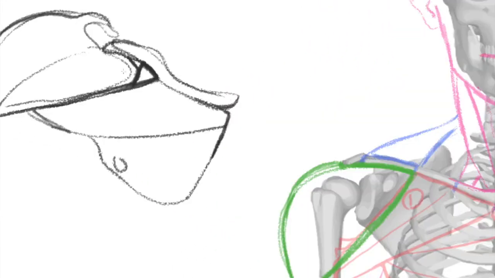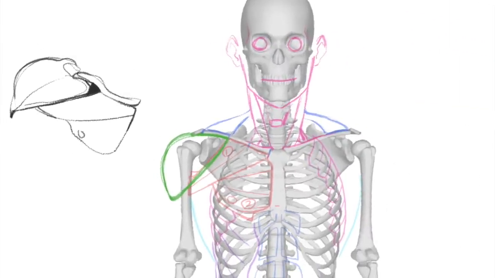Where the chest muscle and the shoulder muscle meet with the collarbone, there's a slight, small hole. So here, don't forget there's a hole. Some artists describe it, some artists don't.